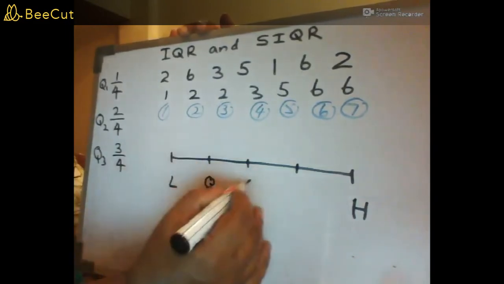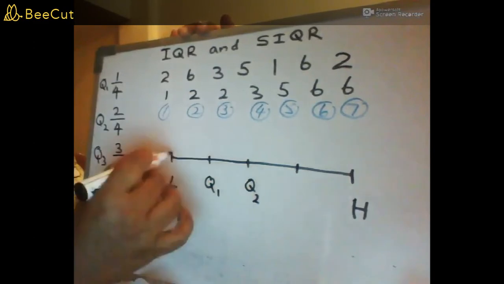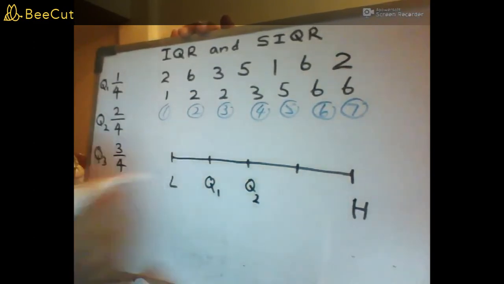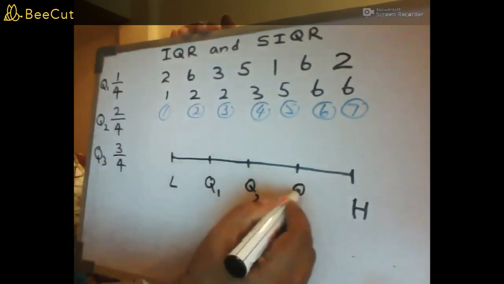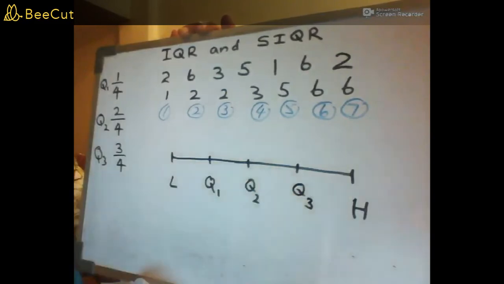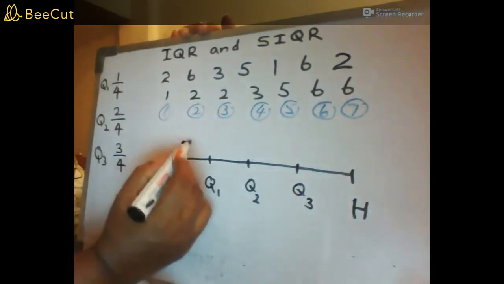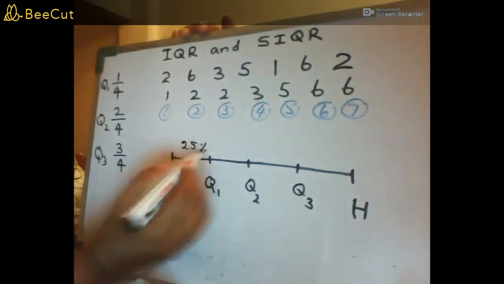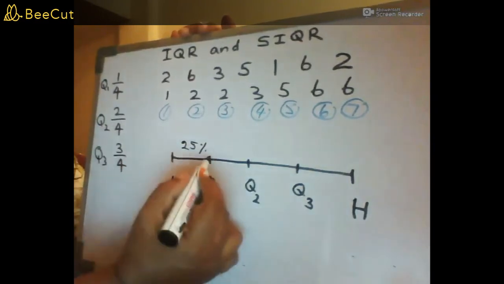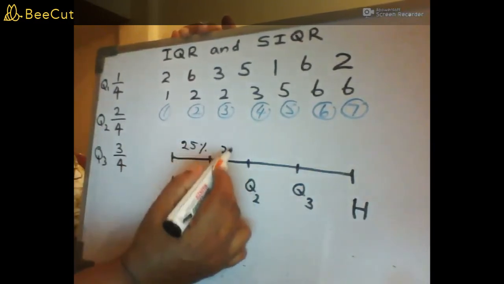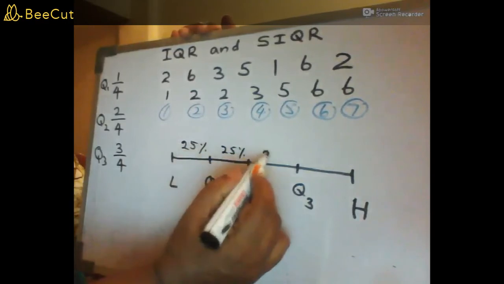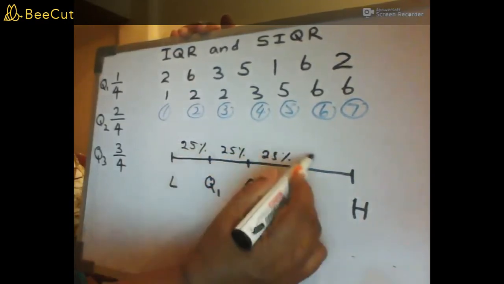This one, Q2, because 2 quarters are there. Then this one is Q3, meaning 3 quarters. Here you can find 25%, here also between these two 25%, here 25%. These are quarters.